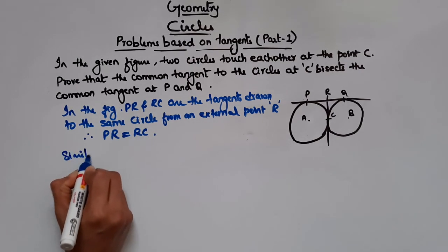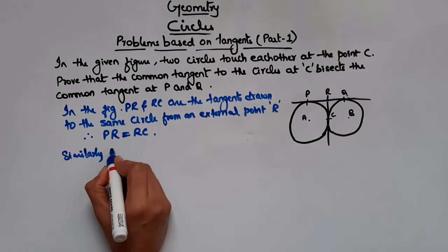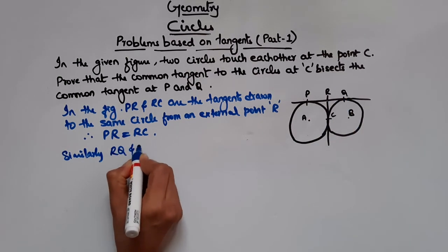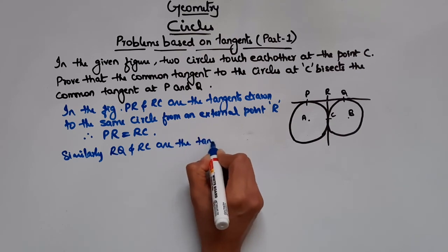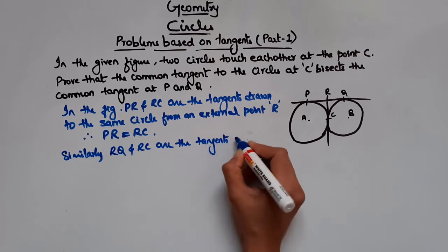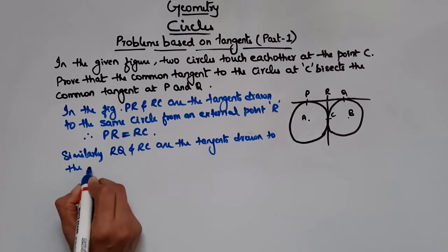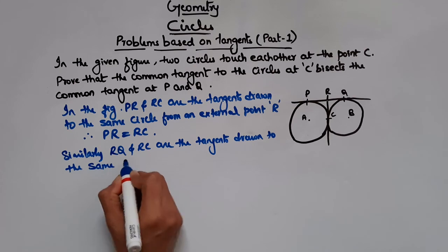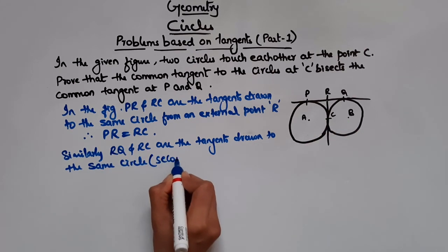Similarly, RQ and RC are the tangents drawn to the same circle. Here in this case is the second circle, right?